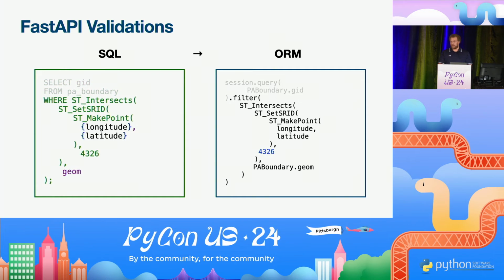If we move on to the where portion of our query, to translate that portion, we just have this dot filter. And then something really nice here is that we have almost the exact same thing, right? The intersects, the SRID, the make point, and then basically the geometry as well. The only difference being that we access that again through our table model.